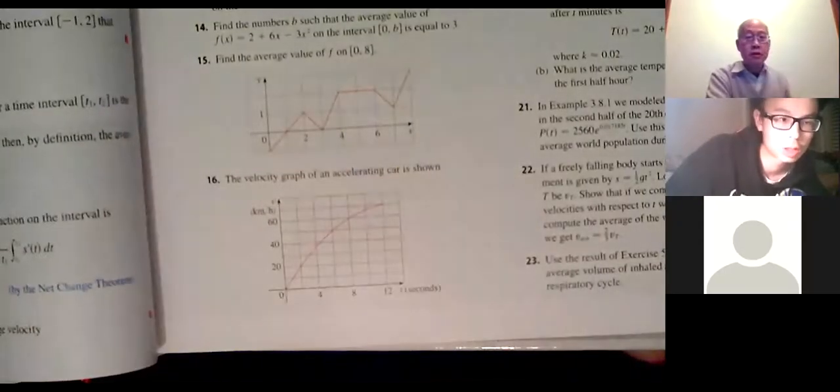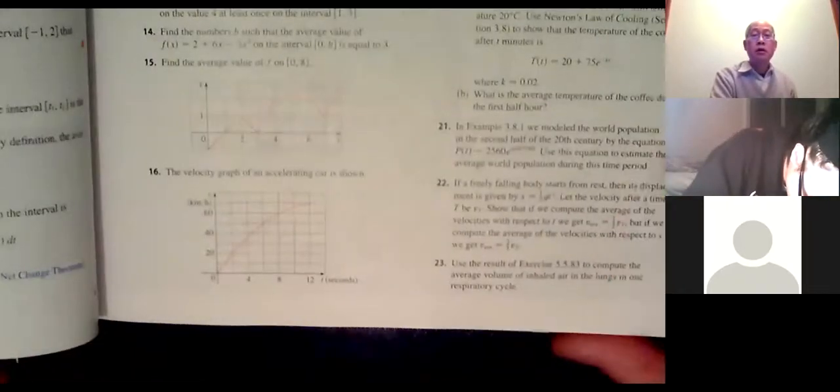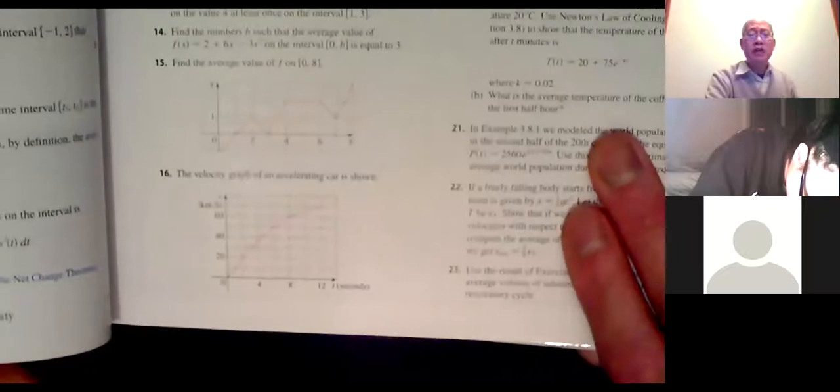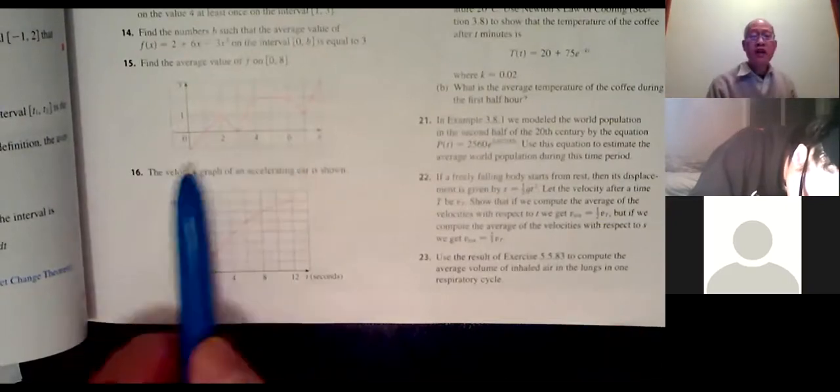Okay, I want to show you 15, please. Find the average value from 0 to 8. The length of the interval is 8, right? I need to find the integral.